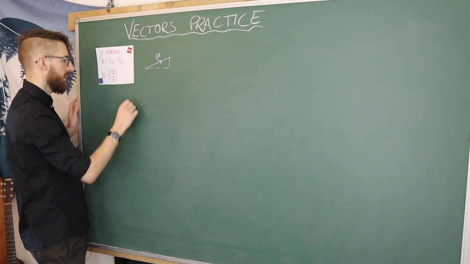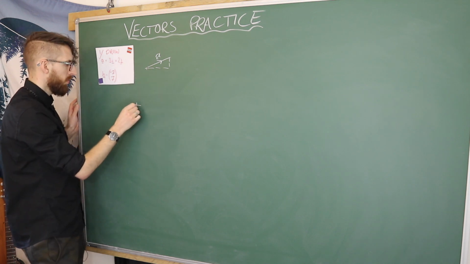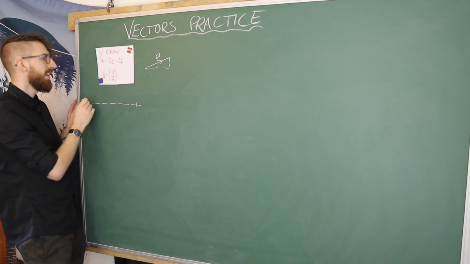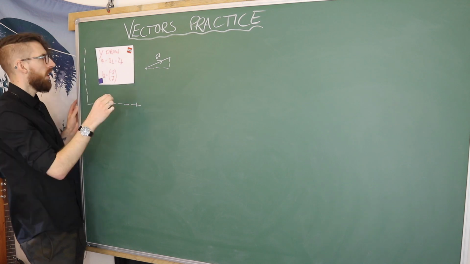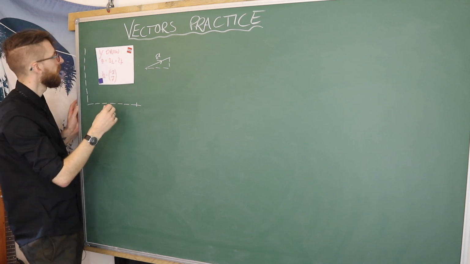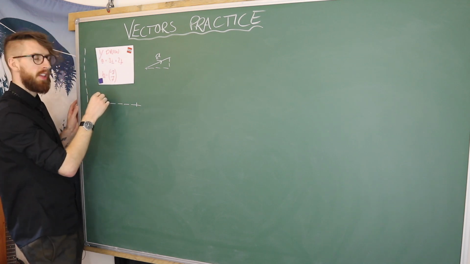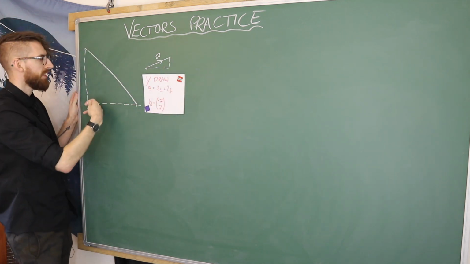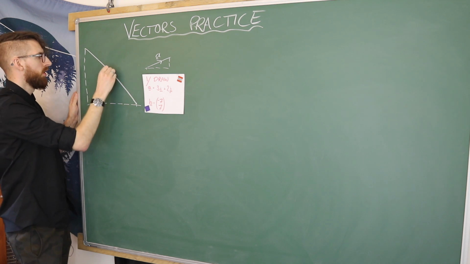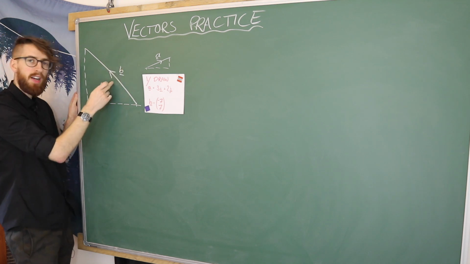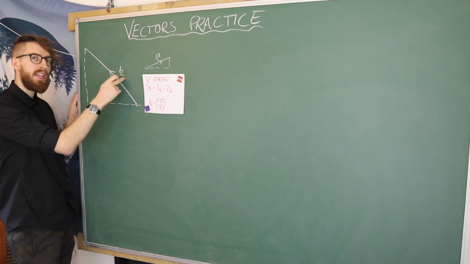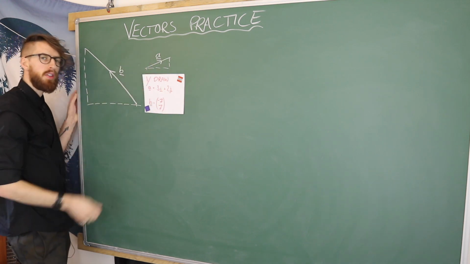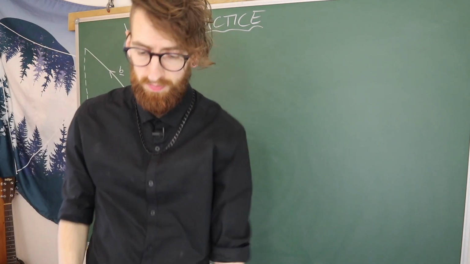If that's the origin, that's the new origin. 1, 2, 3, 4, 5, 6, 7, then it goes up 7. And my question's in the way. Didn't think this through, did you? So this is going -7 up 7. So it goes that way. You have to write your direction on it and then label it B with an underlining, A with an underlining. That's question 1, and that is done.